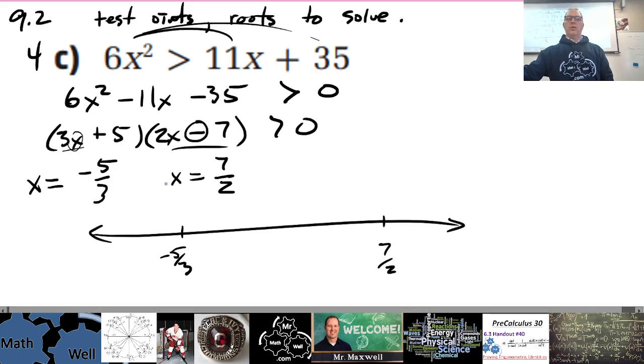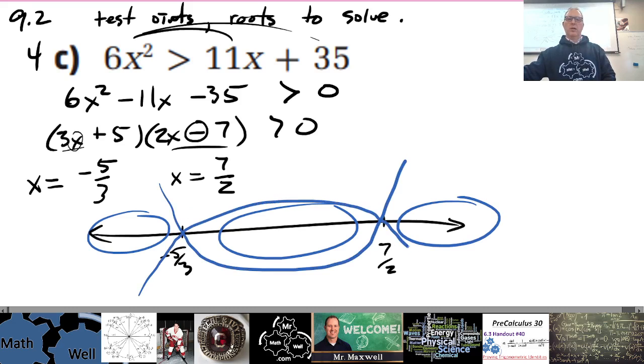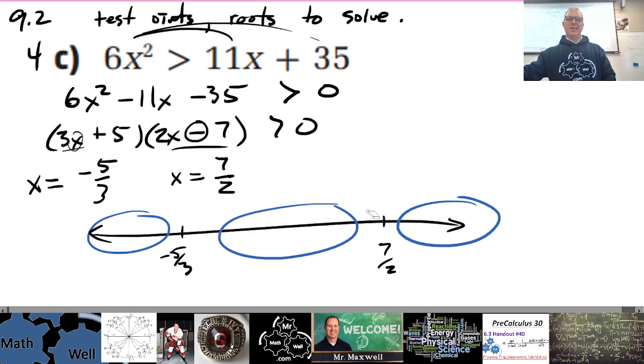You'll recall that there are 3 sections on the number line: section number 1, section number 2, and section number 3. With a parabola, it's either going to open upward or downward. Now there's some level of controversy here, because as Gloria mentioned the other day, if I write the expression on this side, this 6 is positive.